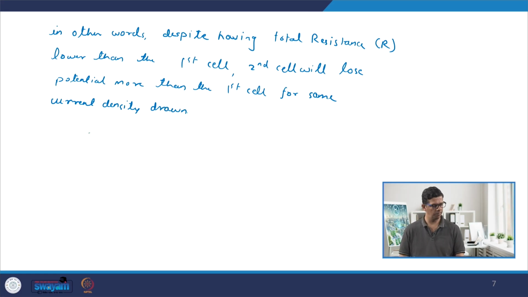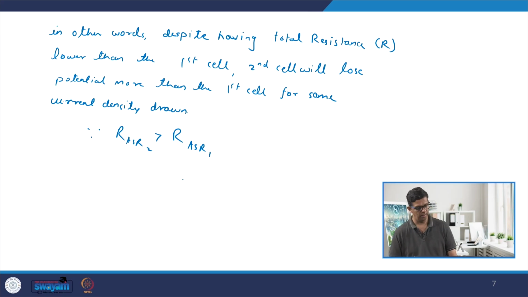And why is it so? Since RASR of the second cell is greater than the RASR of the first cell.